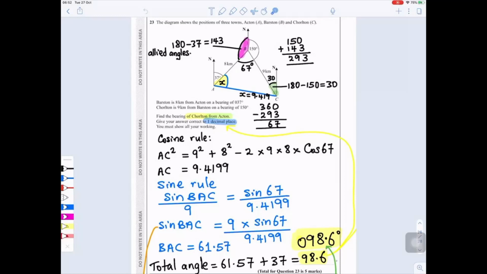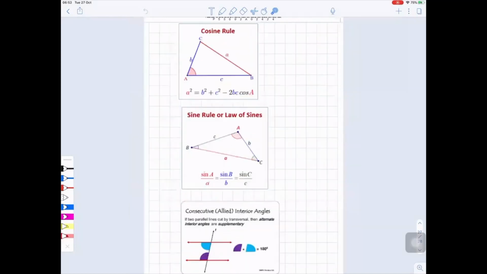For this question 23, let me go through the formulae that we're going to be using before we start the question. The first one would be the cosine rule.